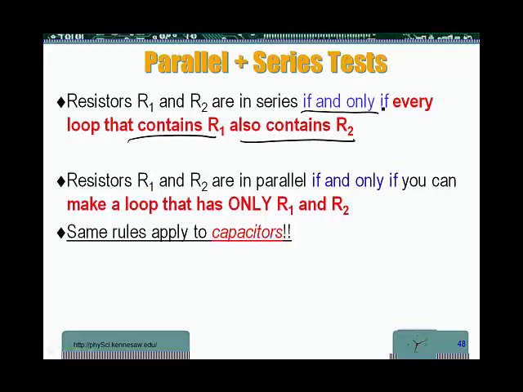Okay, we'll go back to this when we apply it. The other rule, two resistors are in parallel if and only if you can make a loop that only has R1 and R2, no more, just both of them.